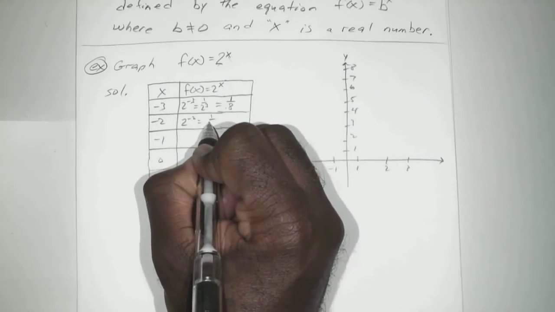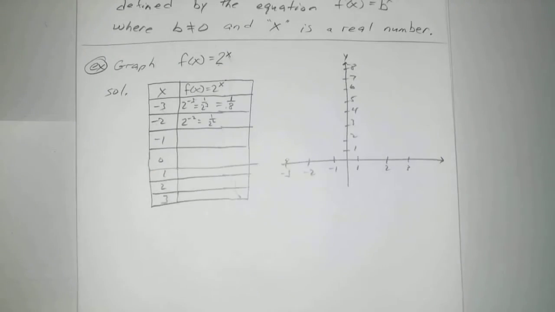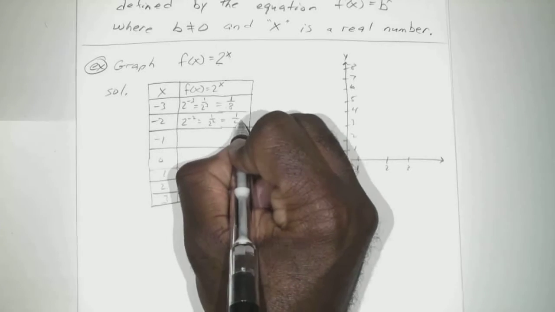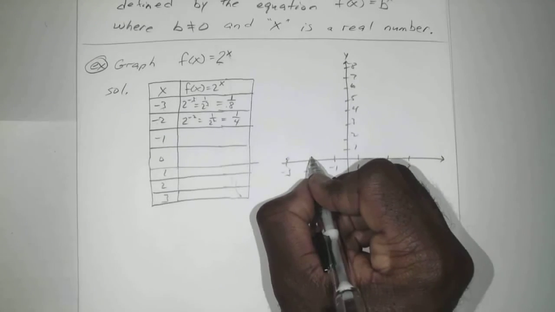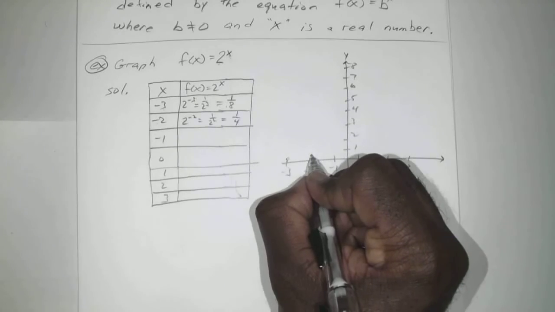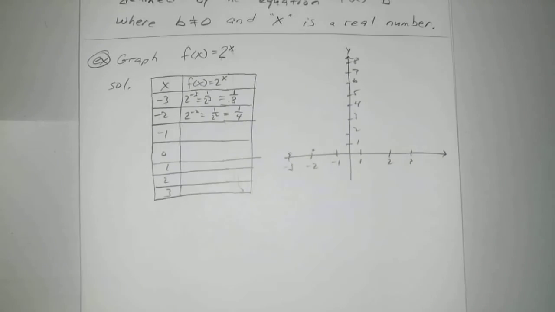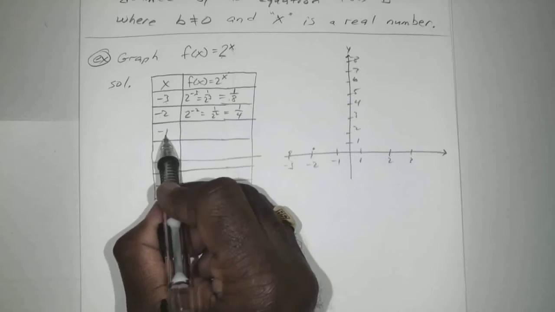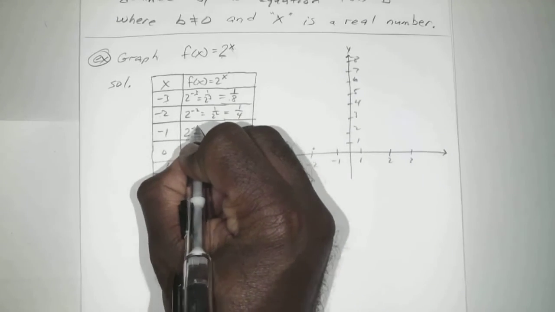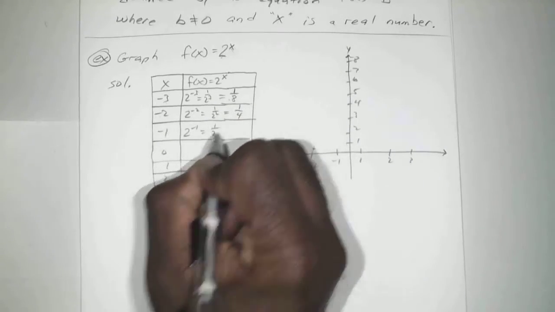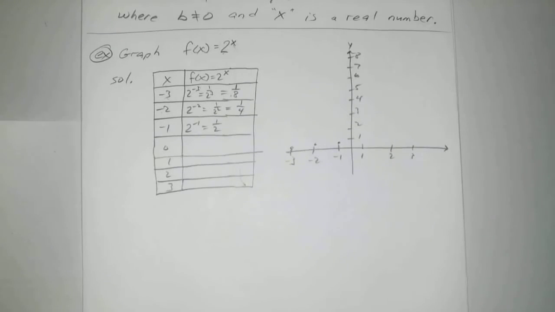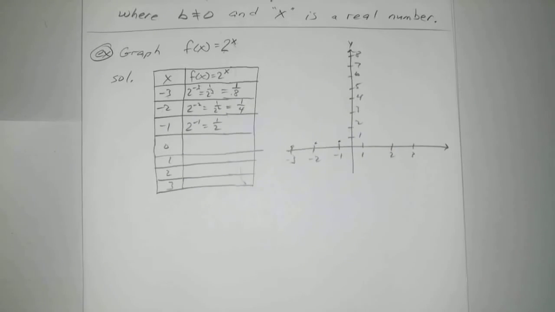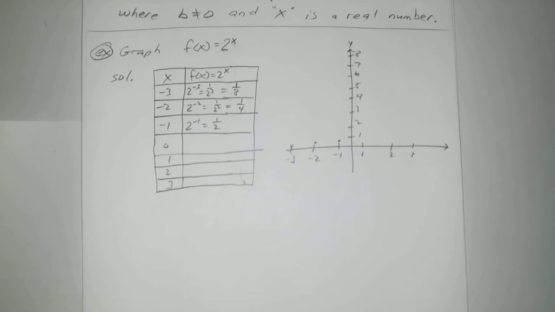Remember, that's just 1 over 2 squared, which is 1/4. So when x is -2, y is 1/4, which goes up just a little bit. When x is -1, you have 2 to the -1, which equals 1/2. So it goes up a little bit more. It's probably not lined up the way it should be, but hopefully you get the idea.